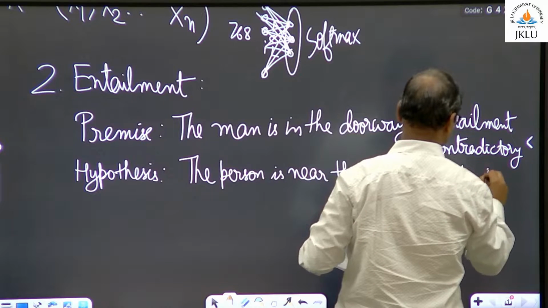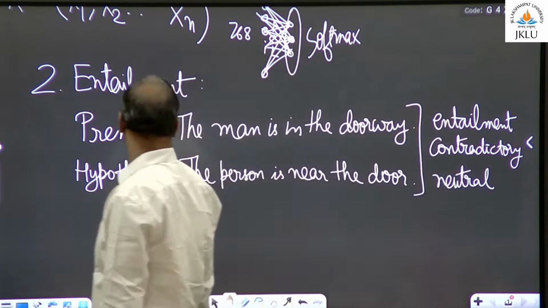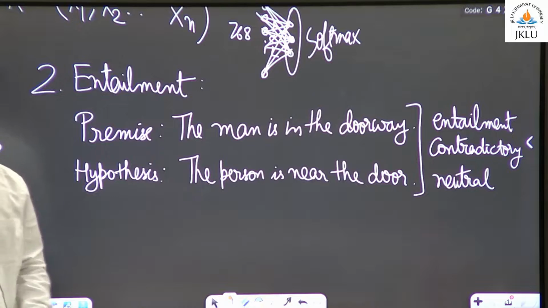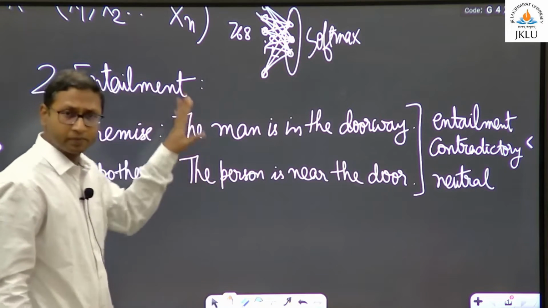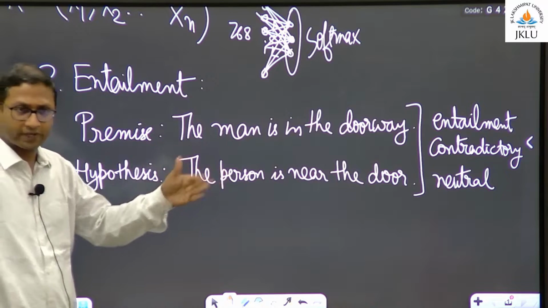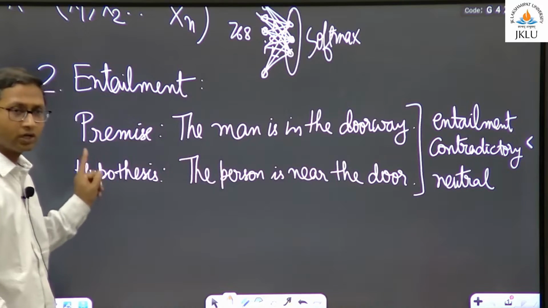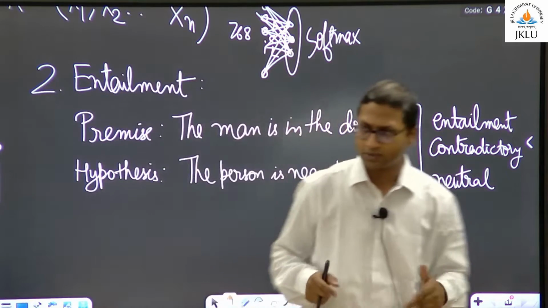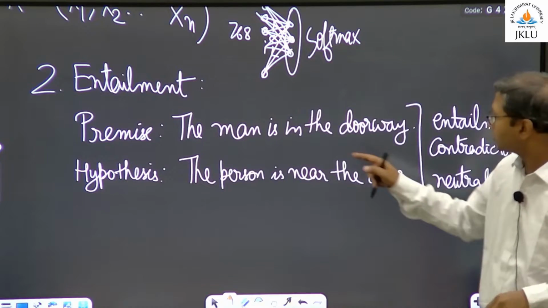So again 3 classes. Is this problem clear? You will have 2 sentences, two parts of text. One is called the premise, another is called the hypothesis. We have seen these kinds of things in some competitive exams.